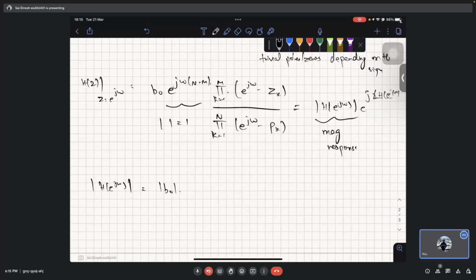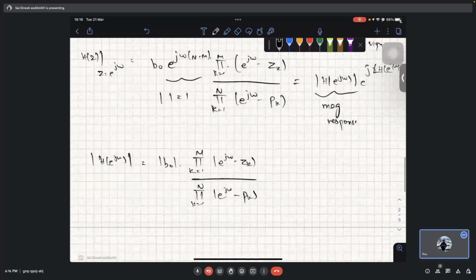Meaning that the contribution of the trivial poles or zeros to the magnitude response does not contribute to the magnitude response. And then what we have is mod b0 times the product for k equal to 1 to m of |e^{jω} − zk|, divided by the product for k equal to 1 to n of |e^{jω} − pk|, right?